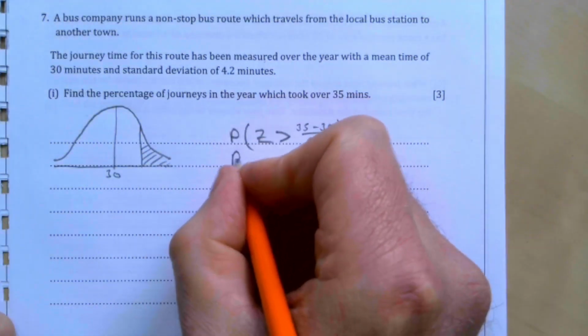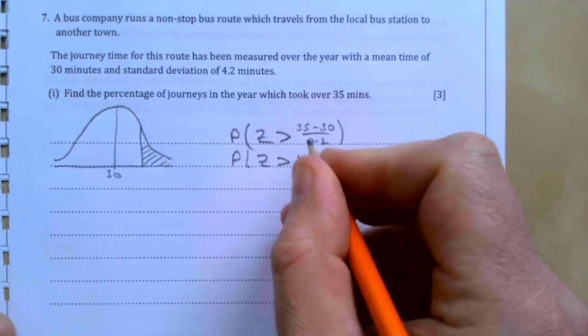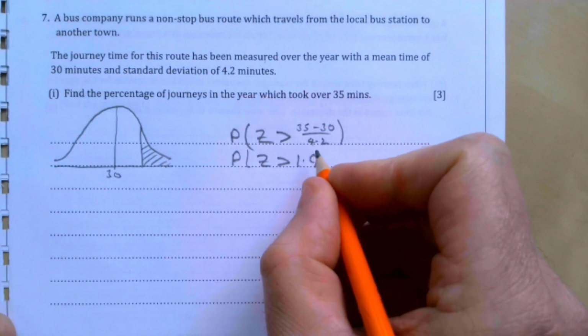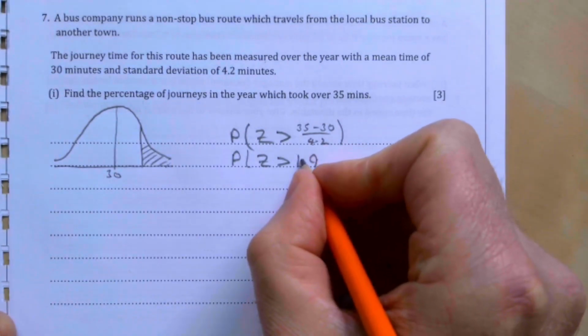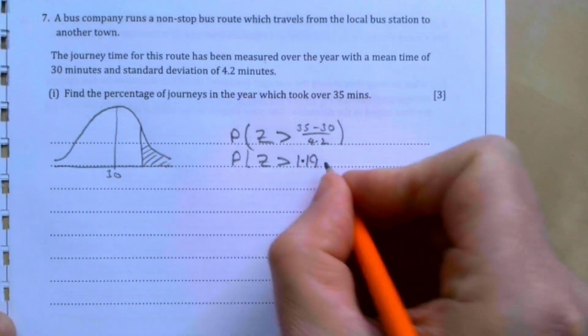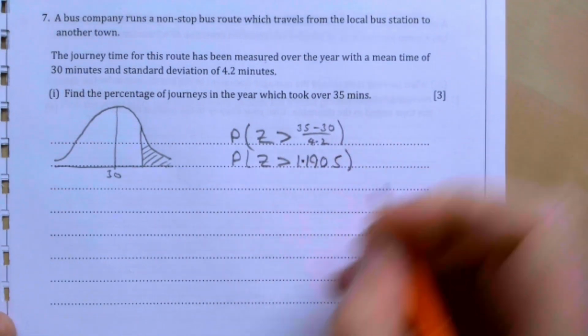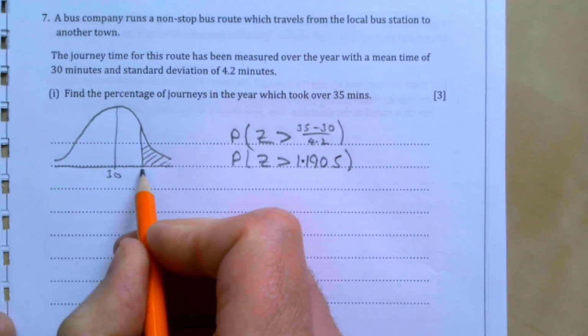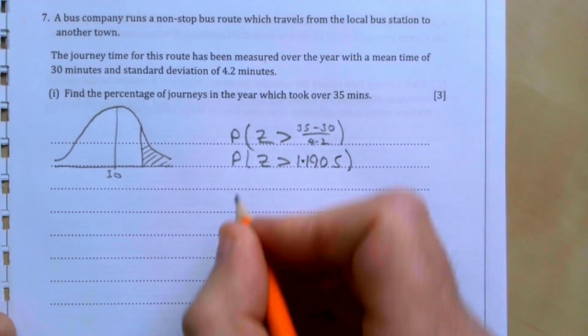So we're looking for the probability of Z greater than 1.19. So we're going to look at that up on the table and then take away 1 minus that, because that's what we're going to look for.